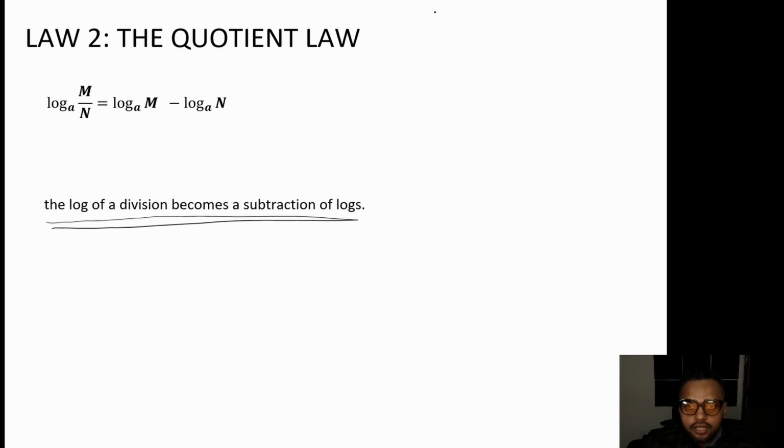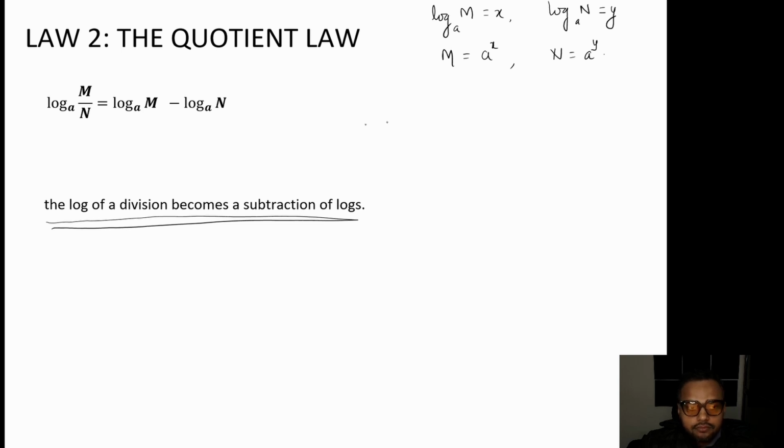What we can do here is take log of m base a equals x. Similarly, log of n base a equals y. With the help of the logarithmic formula, we can directly write that m equals a raised to the power x and n equals a raised to the power y.